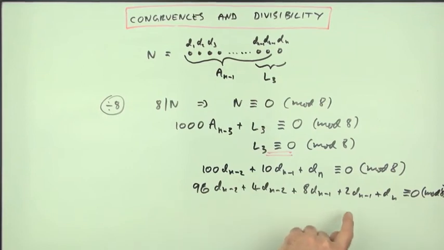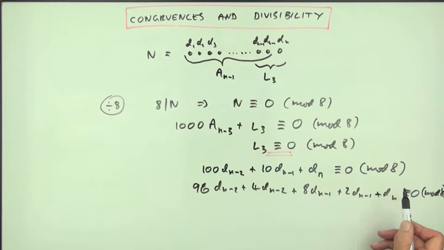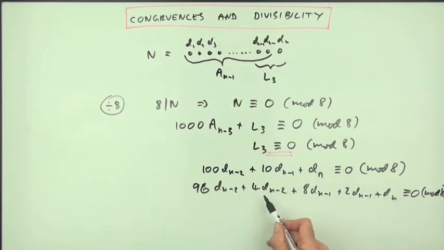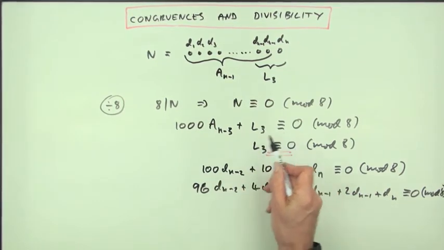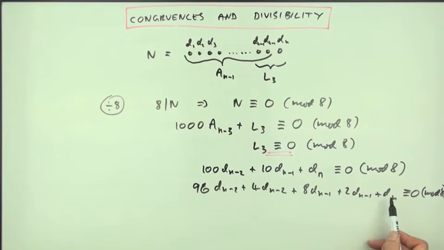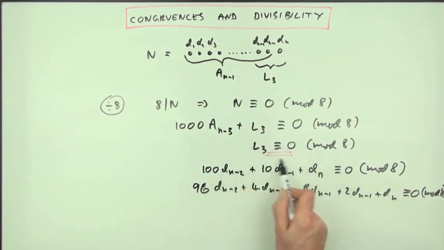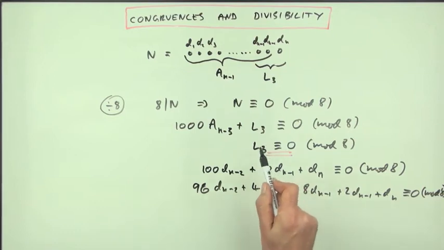Then those terms disappear, but then what this says is, if you take the last digit and add on twice the second and add on 4 times the third one, it should produce a number that's a multiple of 8, and that's not really worth it. You're as well just sticking with this one. There might be cases where that jumps out at you with certain number configurations, but generally that's going to be the rule then. The number formed by the last 3 digits is a multiple of 8.